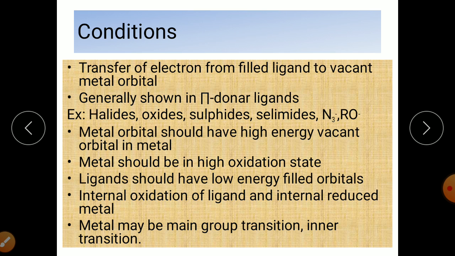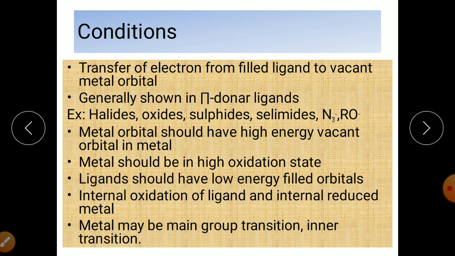The metal orbital should have a high energy vacant orbital, which means the metal is the electron acceptor and the ligand is the electron donor. The metal must have a high oxidation state, like +2, +3, +4, Mn +4, +5, which is more favorable to LMCT possibilities.